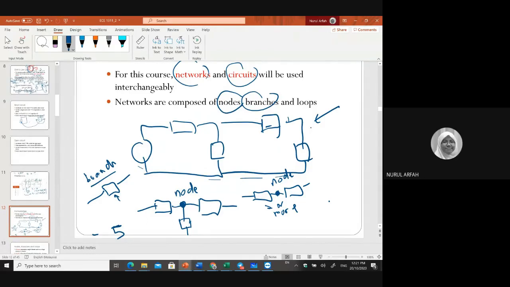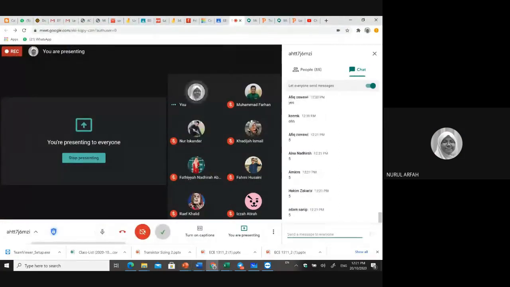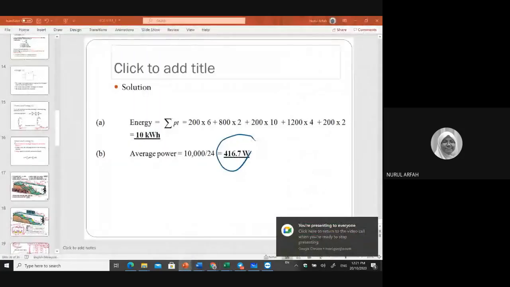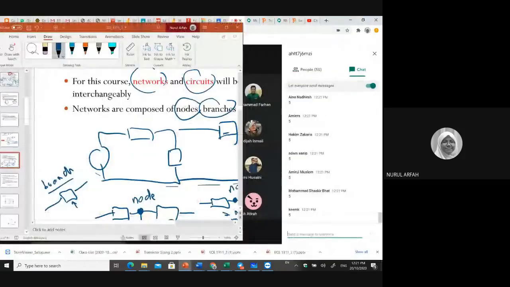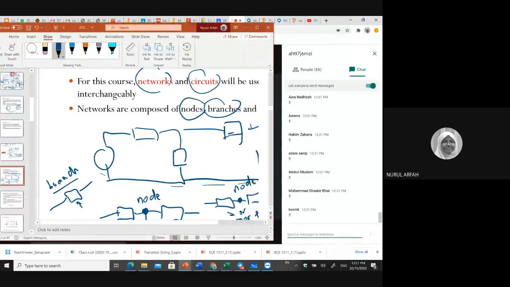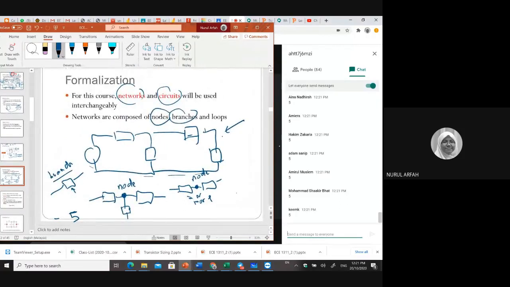Yes, 5. Oh, sorry, because I closed it. So we have 5 branches. So in our last definition of node, you can define nodes as when you connect 2 or more branches at a single point like this, then it is also a node.